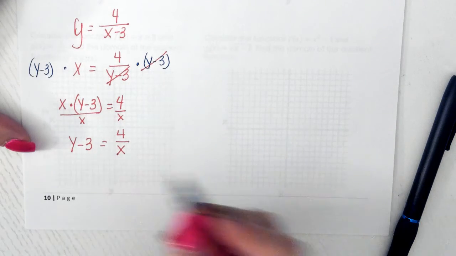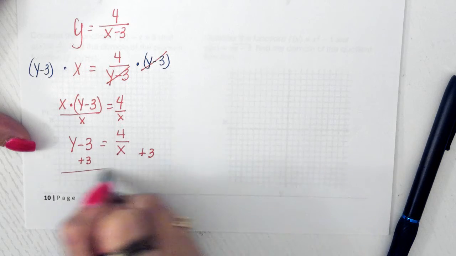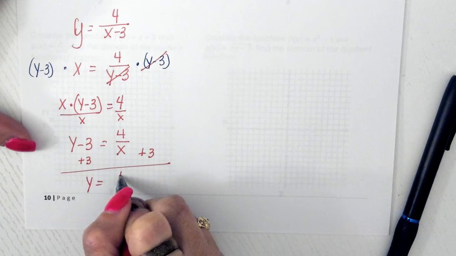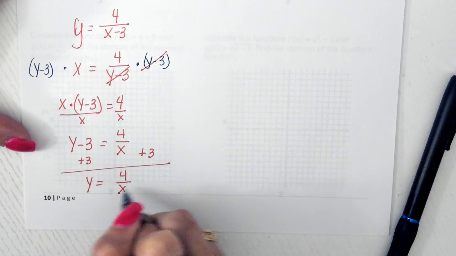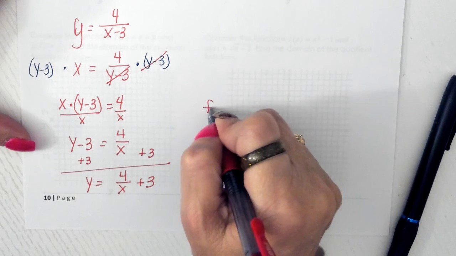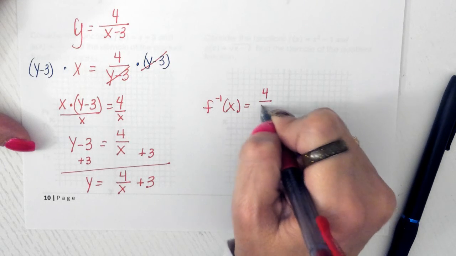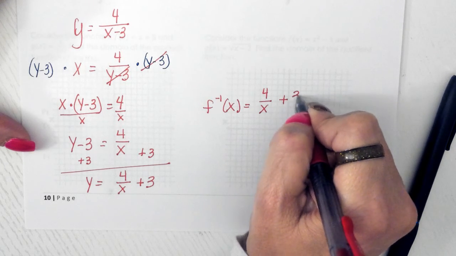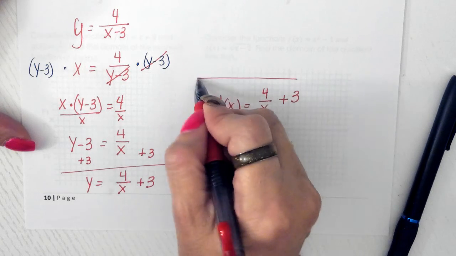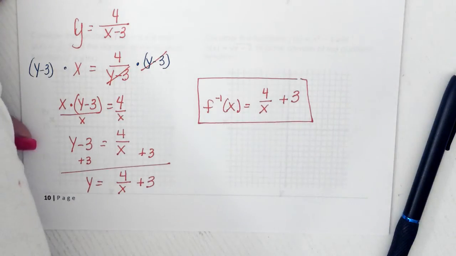Lots of math going on there. I'm going to add 3 to both sides. So I'm going to end up with y equals 4 over x plus 3. So that means f inverse of x equals 4 over x plus 3. And there you go. You've now mastered the art of inverse functions.